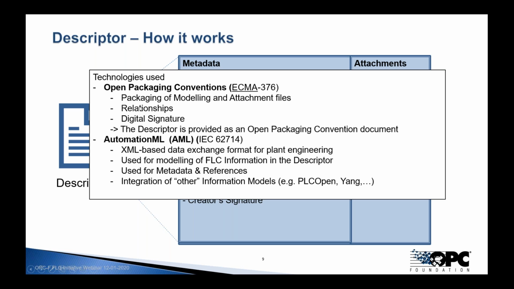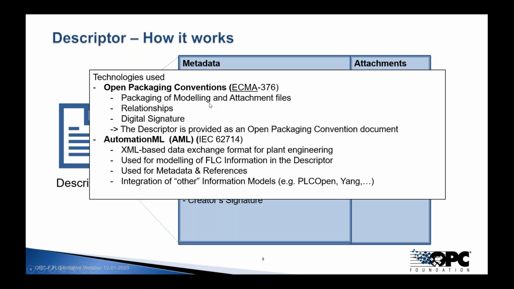In addition to the capability to pack files together, the Open Packaging Convention standard also has the ability to define relationships between the content. These are special files in the container that define relationships.